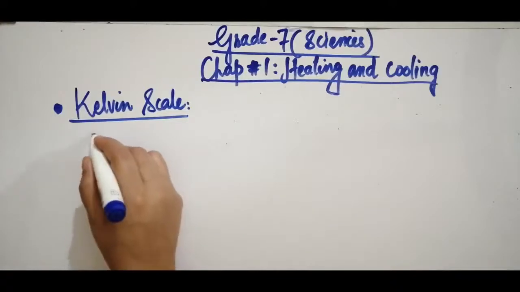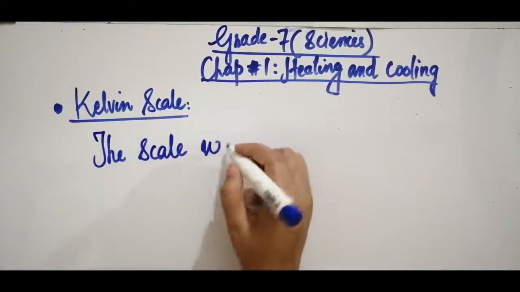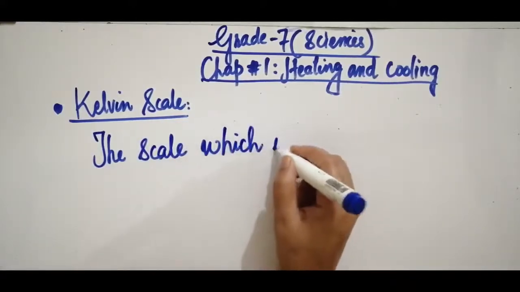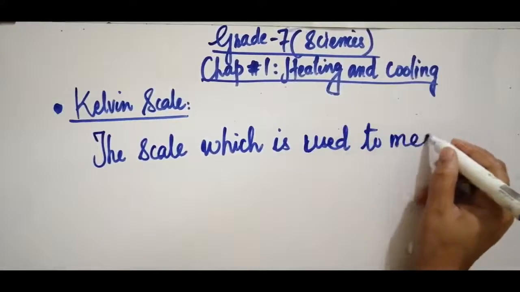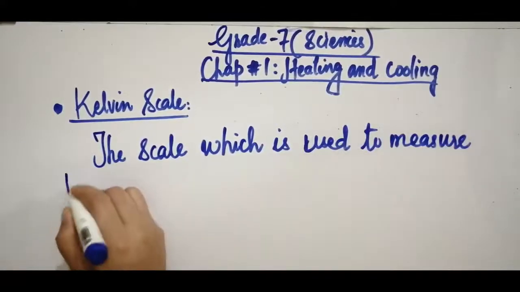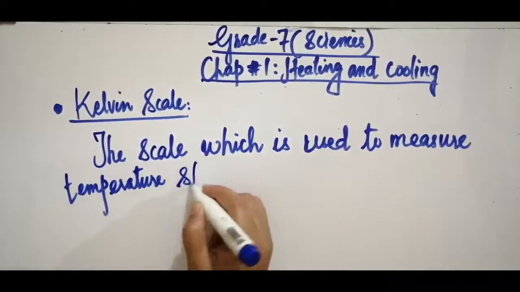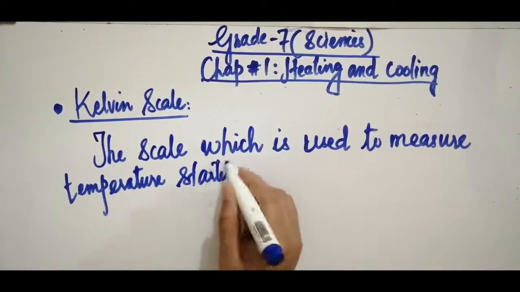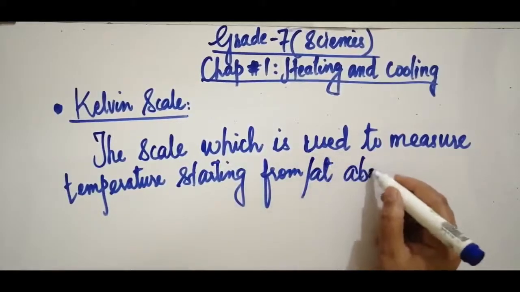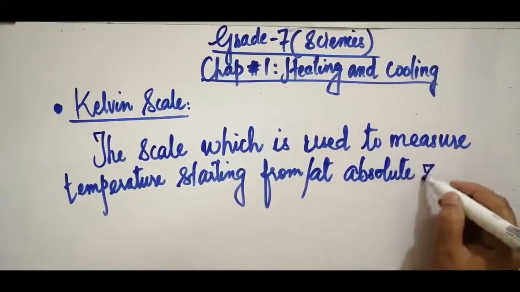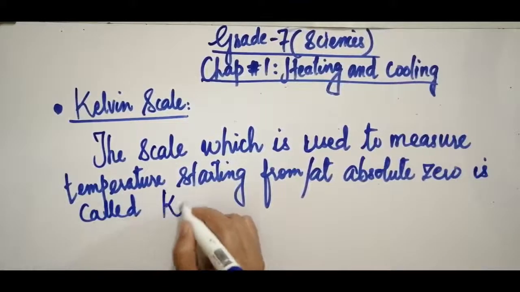So what is the Kelvin scale? Note down the definition. The scale which is used to measure temperature starting from absolute zero is called the Kelvin scale.